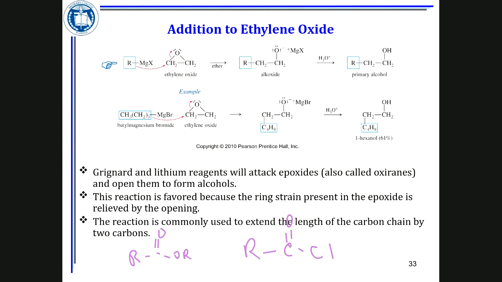Also tertiary. So Grignard plus formaldehyde gives primary, plus aldehyde you get secondary, plus ketone you get tertiary, plus acid chloride you get tertiary, and plus ester you get tertiary. You have to write them as a note to yourself because it's going to help you make alcohols, or write the product for the reaction.